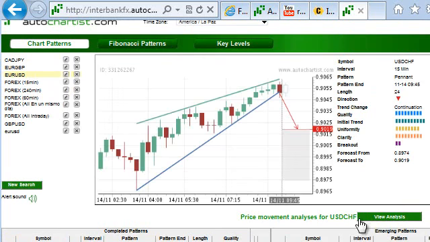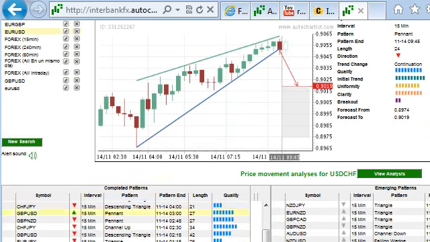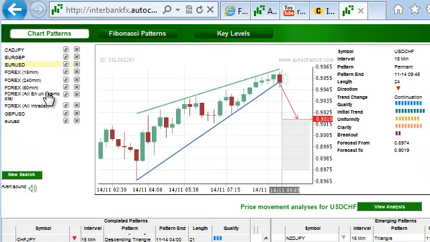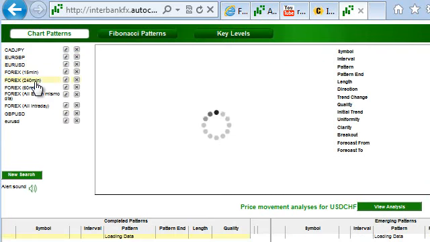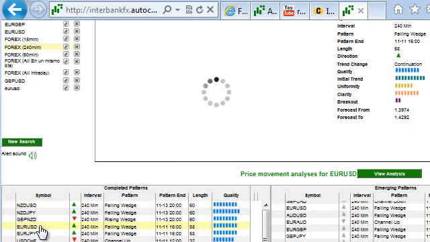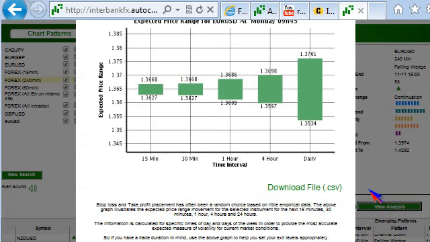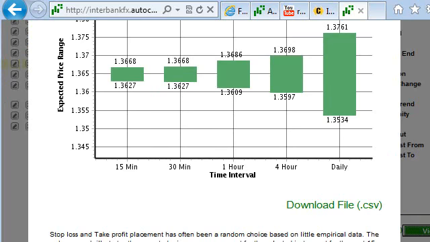We'll take a look at the Euro US dollar here real quick. So here's the rhythm of the Euro US dollar, and then we'll get back to the Forex market pulse.